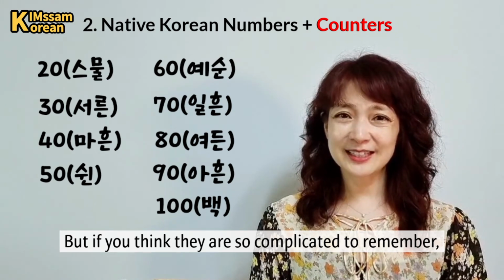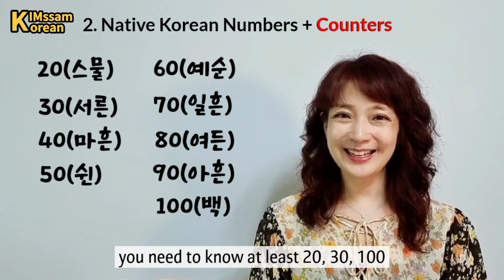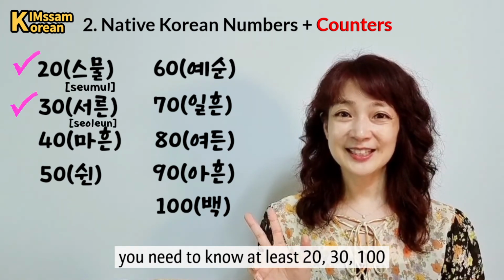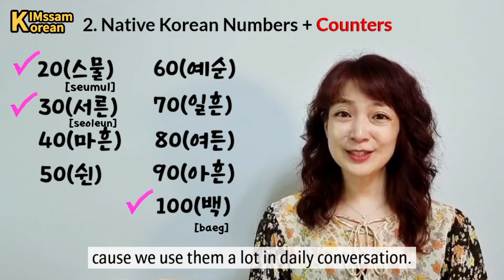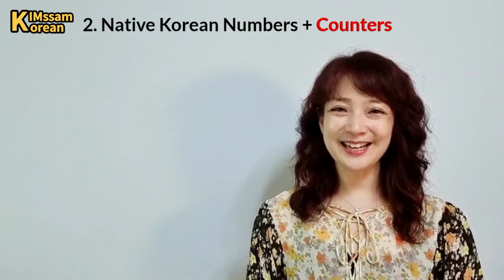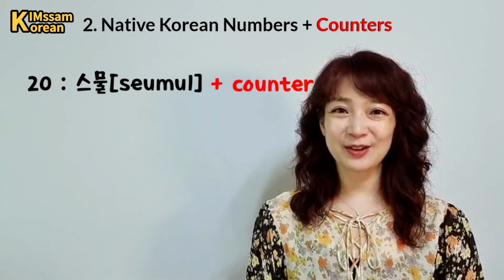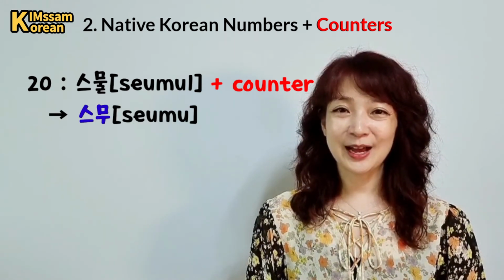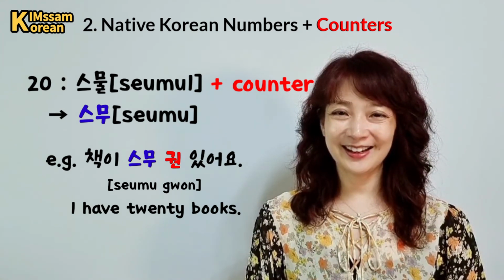But if you think they're so complicated to remember, you need to know at least 스물, 스무, 서른, 마흔, and 100 백, because we use them a lot in daily conversation.